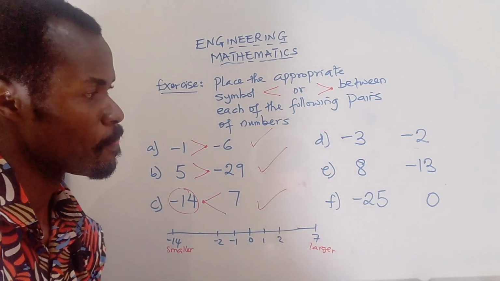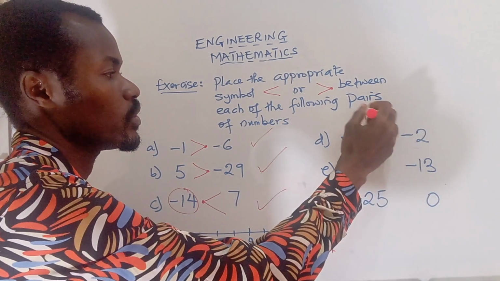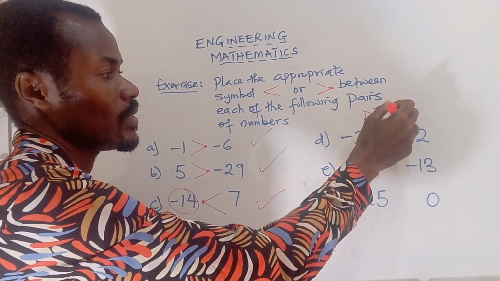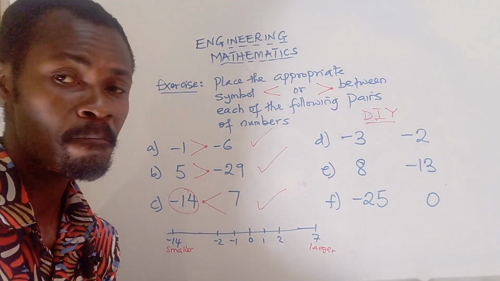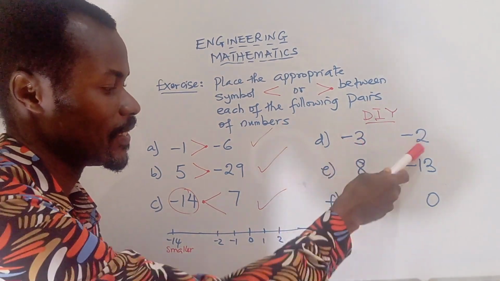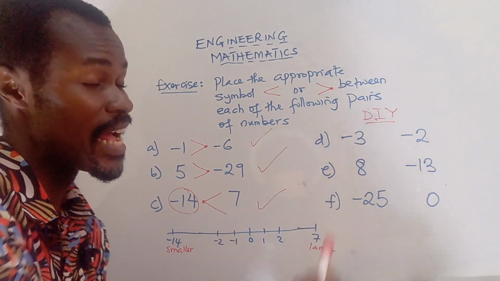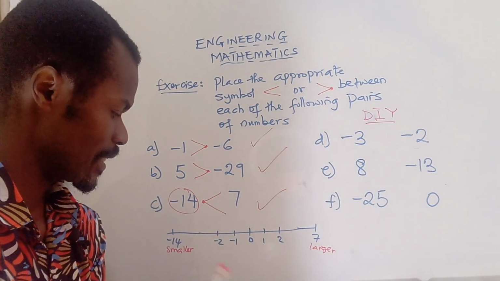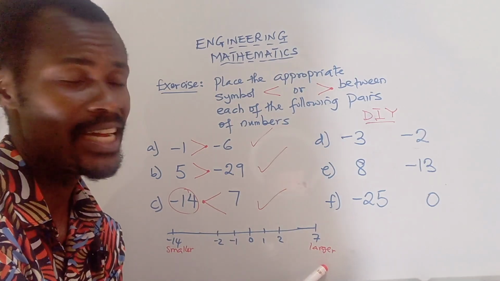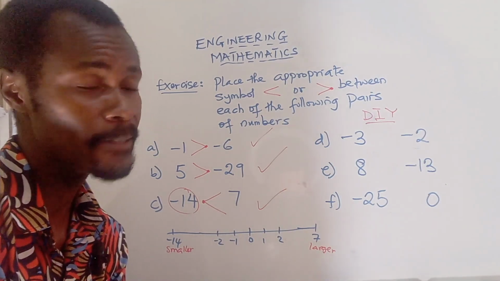So this gives us the solutions to these problems. For this one, I'd like you to do it yourself. Check the number line, try to fix the points, identify which is smaller and which is larger, and put your sign accordingly.